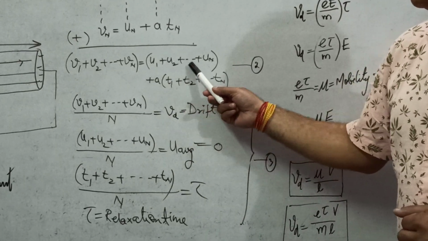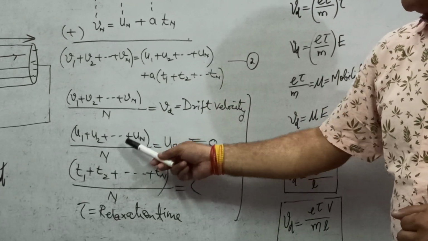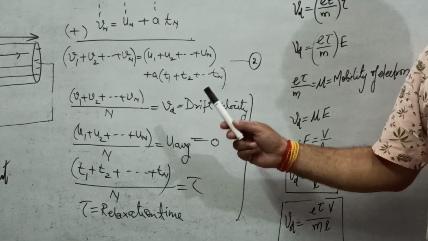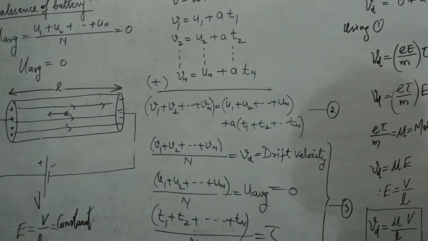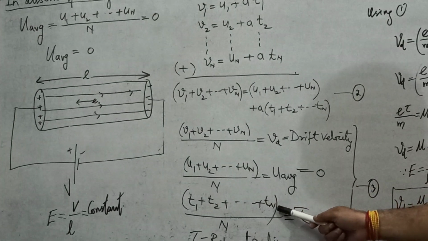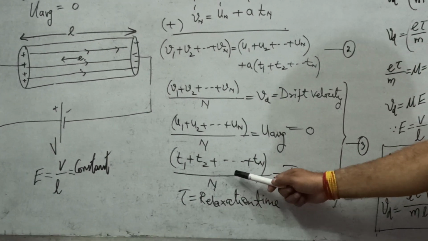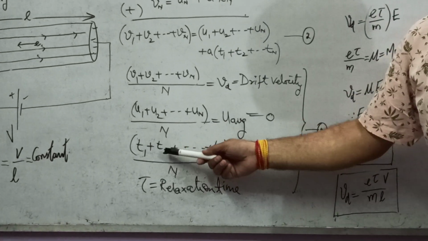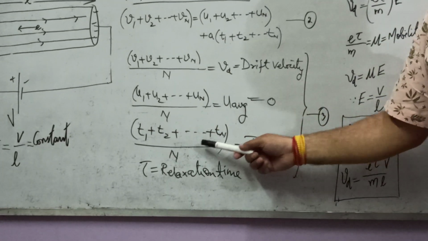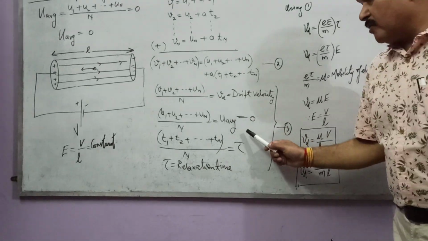Well, u1 plus u2 plus u3 up to un divided by n is what? The average velocity when the battery is not connected, and we know that it is zero. And t1 plus t2 and so on up to tn divided by n, where n is the number of collisions, is called relaxation time.